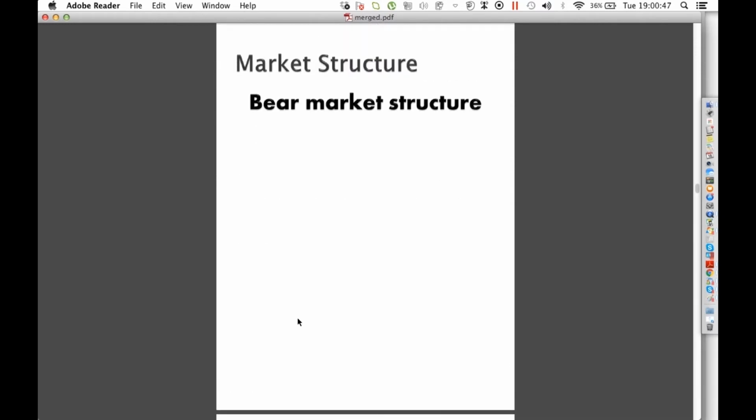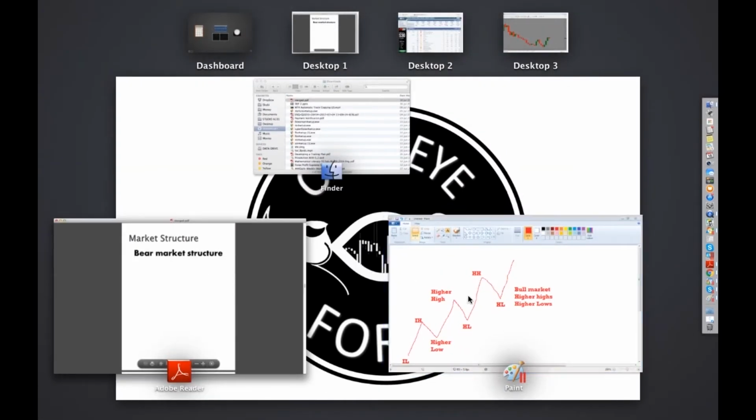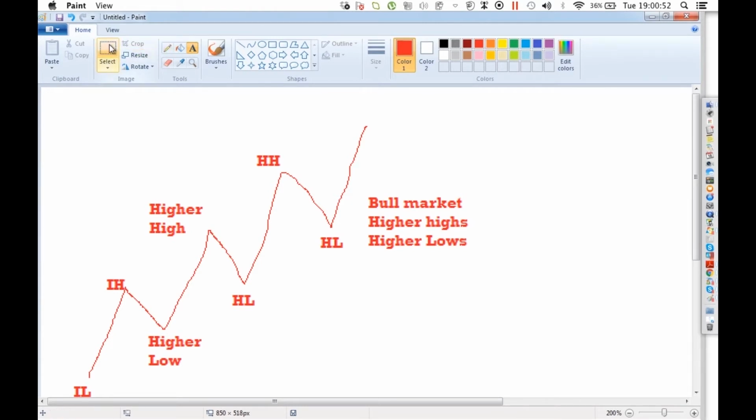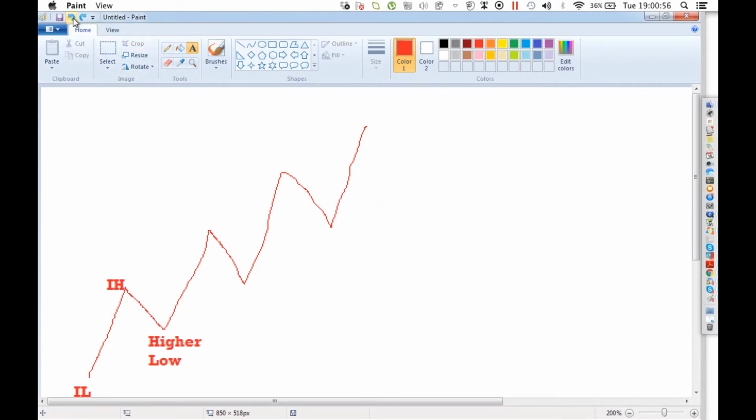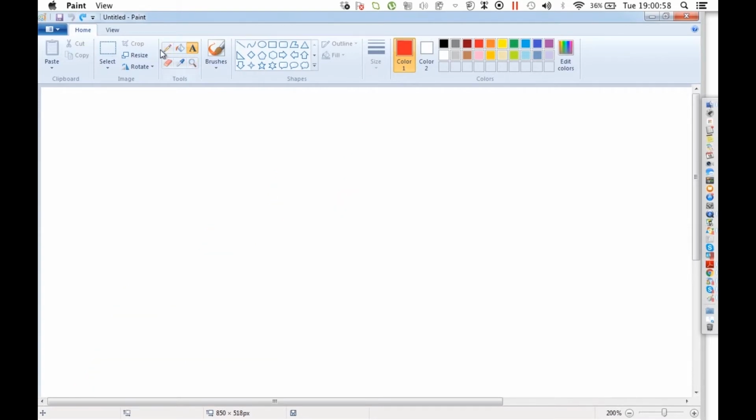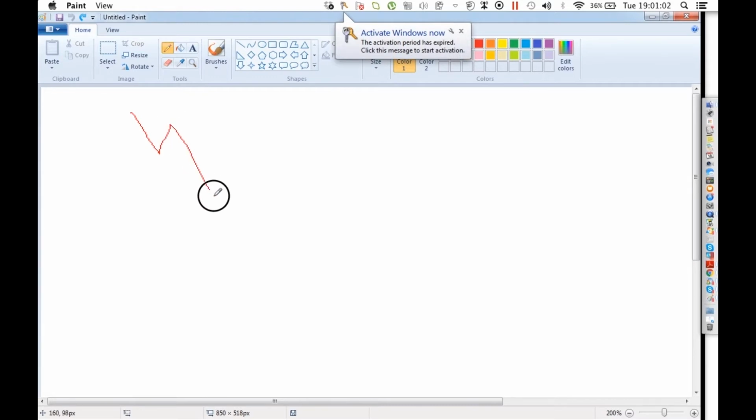Bear market structure. So how do we see that we're selling? It's pretty much the same concept, just in reverse. So we'll start up top here and make our way down.